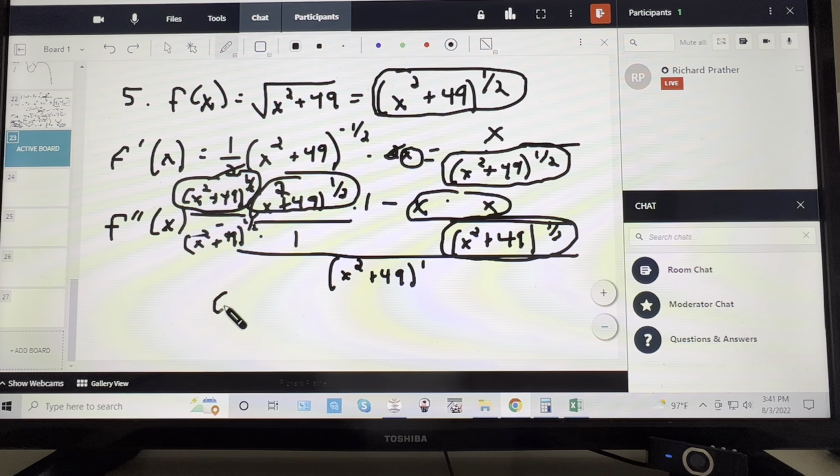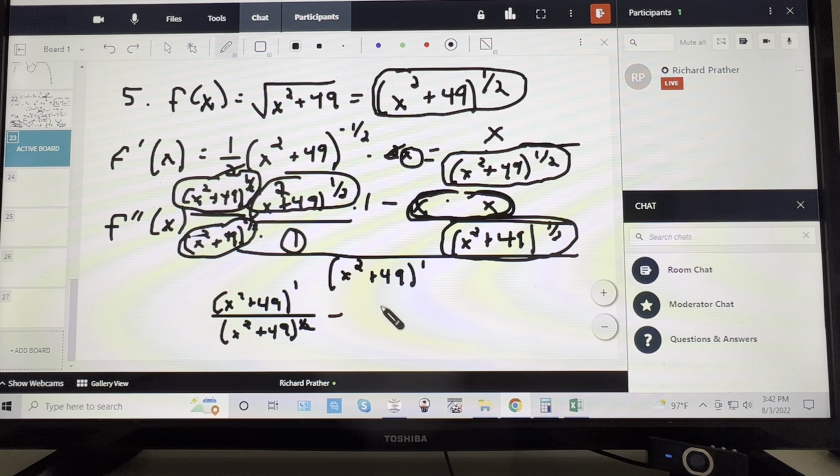So that makes just x squared plus 49 to the first power. And then the bottom is x squared plus 49 to the 1/2 times 1, which is just x squared plus 49 to the 1/2. And then the part I messed up, this should have been x times x. This would be x squared right here. And then it's all over the x squared plus 49 to the first power.